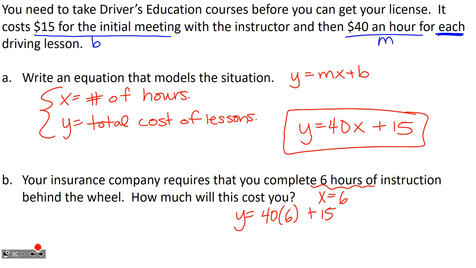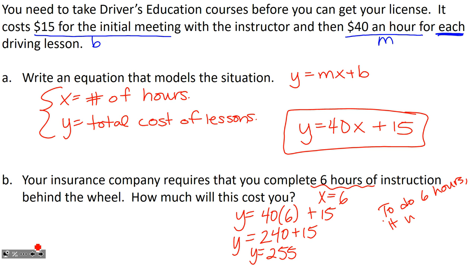To solve for y, you're going to multiply 40 times 6. You get 240. Then we add 15 to that, so 255. And remember, you've got to answer the question. To do 6 hours, it will cost $255.